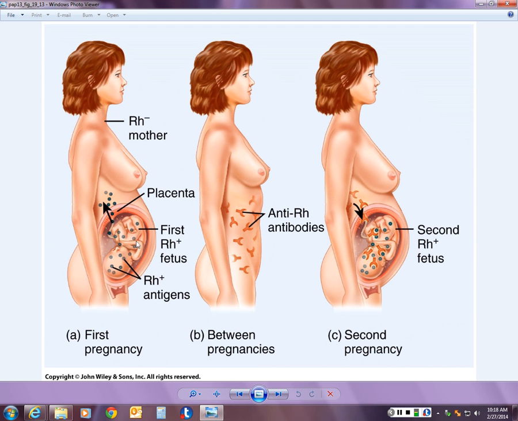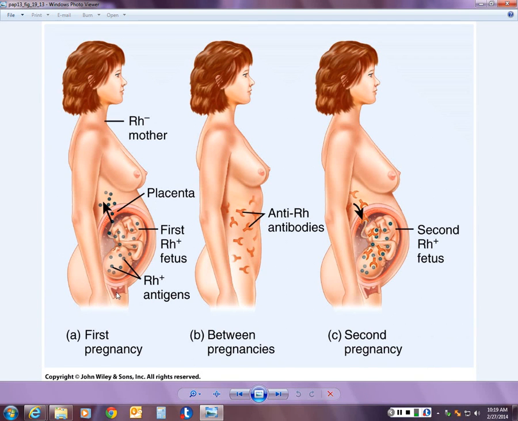Now let's just say this mother becomes pregnant with her first baby. The placenta will keep the mom's blood and baby's blood separate. Essentially, there is no exposure during the first pregnancy. However, once the placenta ruptures and breaks during labor and delivery, blood from the mom will mix with blood from the baby, and mom, who is RH negative, has now been exposed to RH positive blood, and she has met both criteria to produce RH antibodies. Consequently, her body will do so.